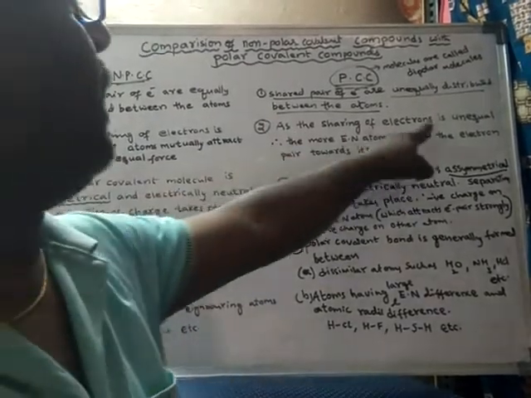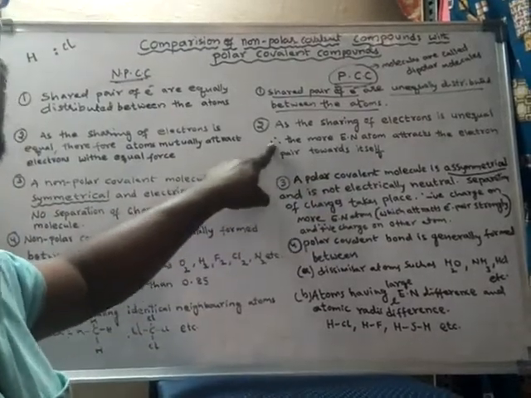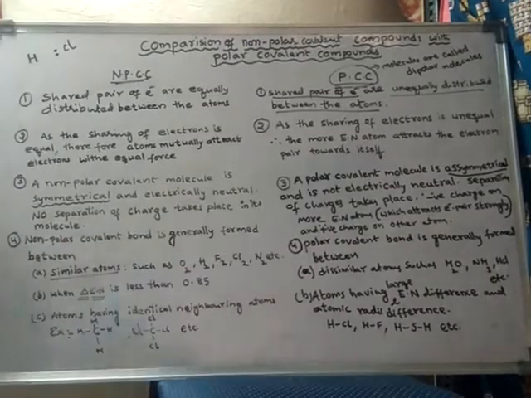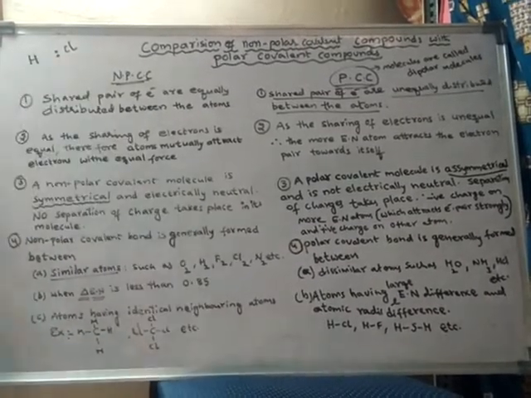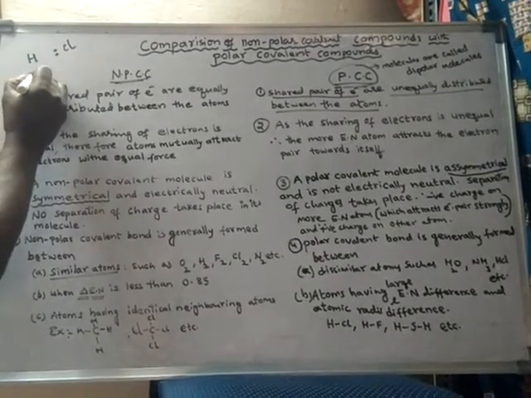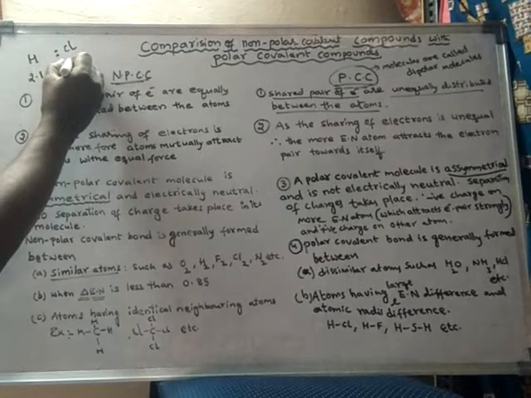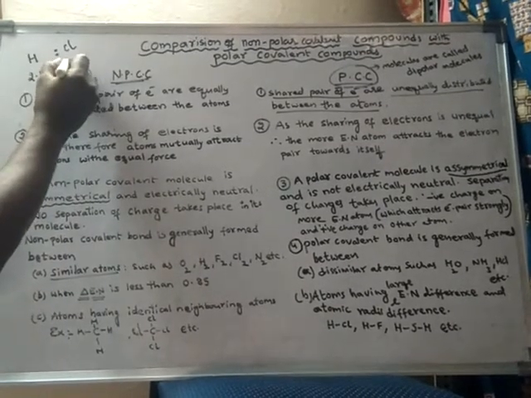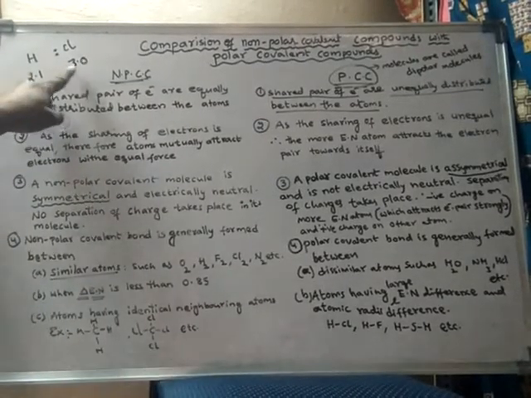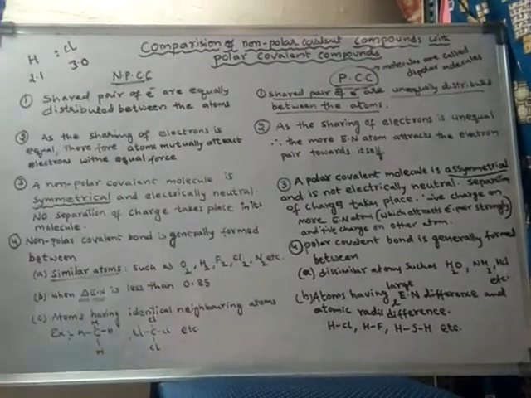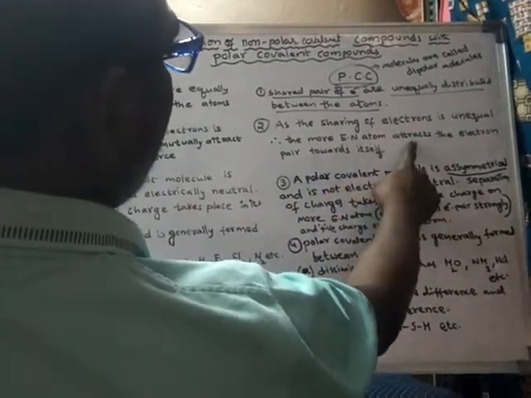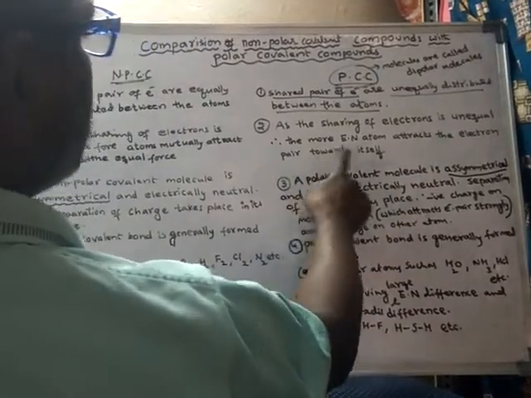Therefore the more electronegative atom attracts the electron pair towards itself. Out of these two, which one is more electronegative? Hydrogen's electronegativity is 2.1, whereas chlorine's electronegativity is 3.0. So chlorine is the more electronegative atom, hence it will attract the electron pair.